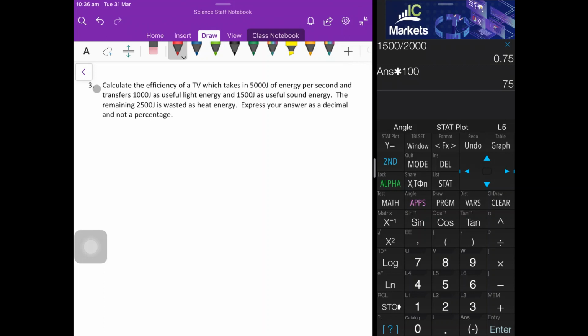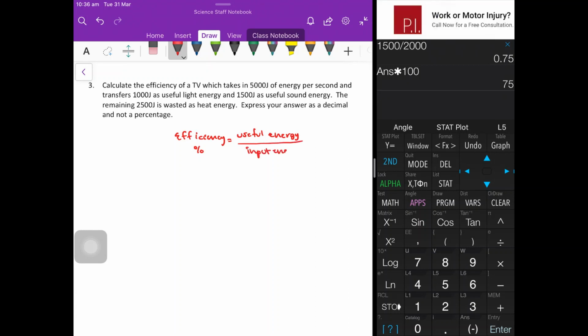So again, this is asking us to calculate the efficiency. So what's efficiency? Efficiency in percent is equal to useful energy divided by input energy multiplied by 100. Now note that we've always thought about efficiency as being a percentage.